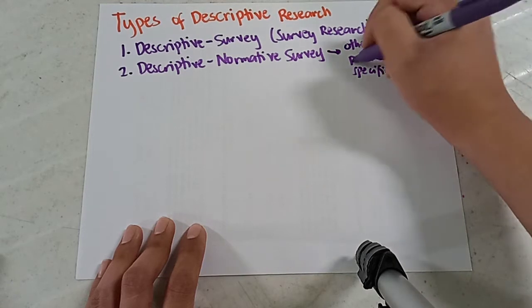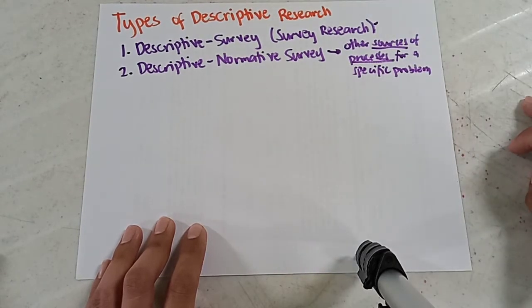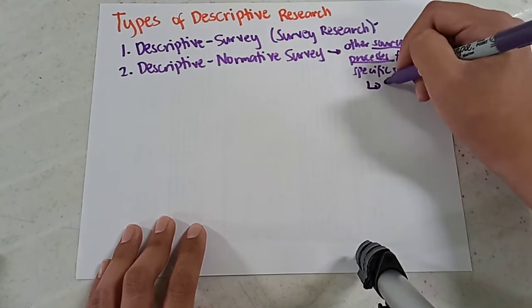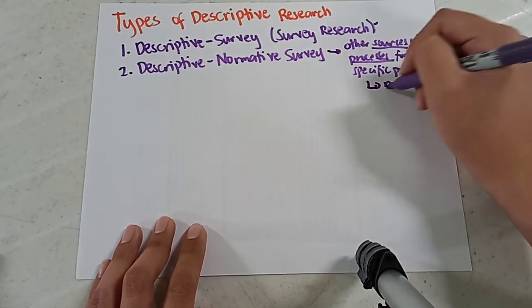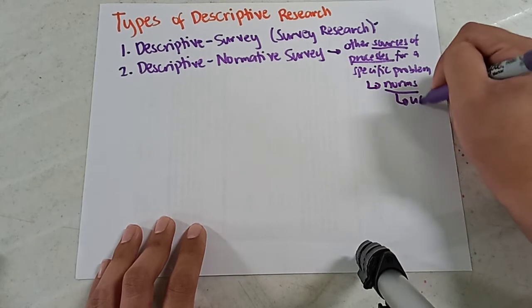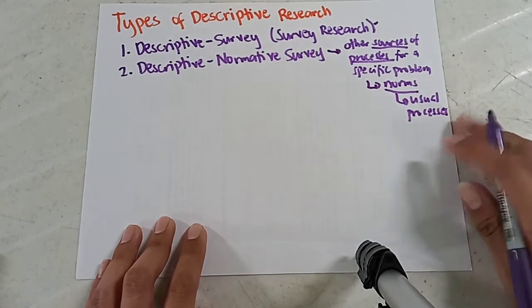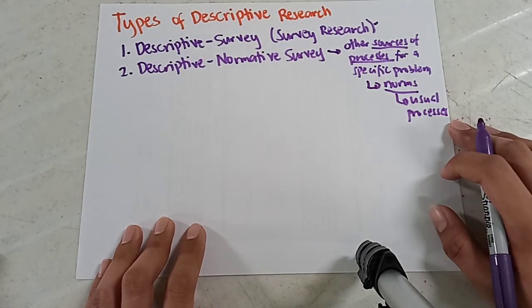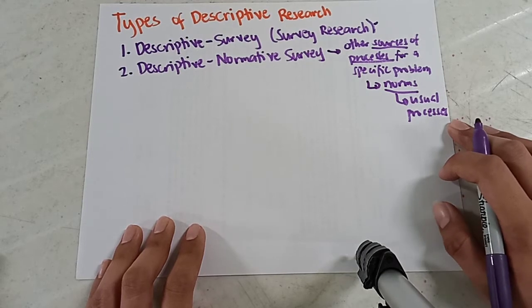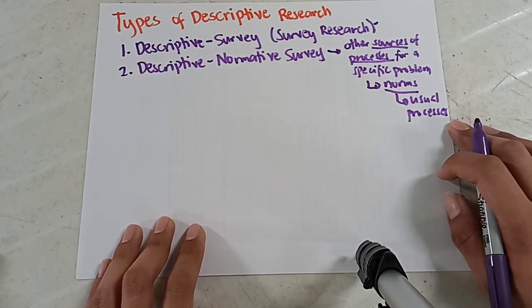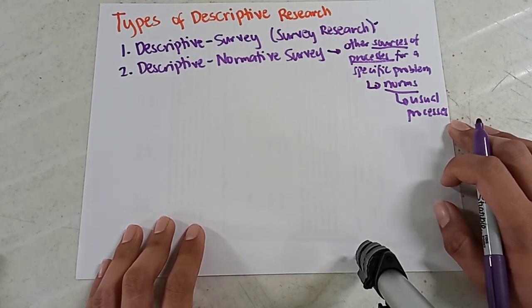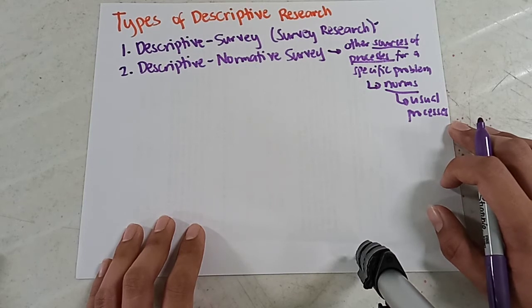Then, these other sources of processes, meaning an alternative solution for a specific problem, will be compared to the norms. And when we say norms, the norms are the usual processes, the normal things. So it will be compared to this. For example, we have alternative polite words because our norm is to use po and opo. So in descriptive normative survey, you will conduct a survey of what other alternative words you can use besides po and opo. Something like that.